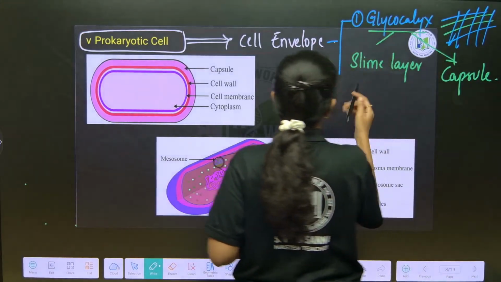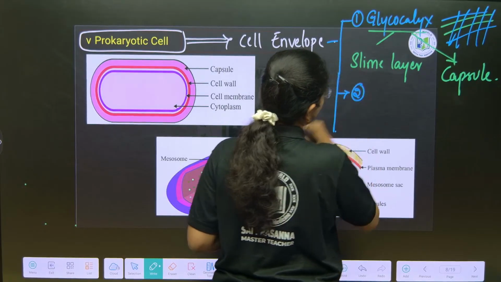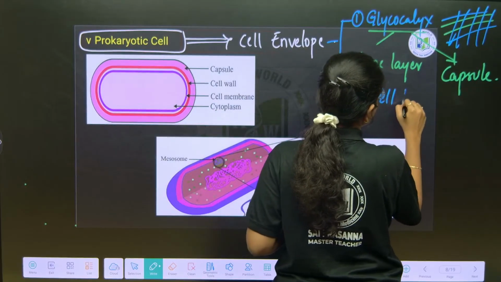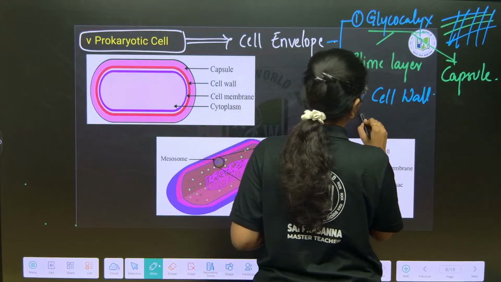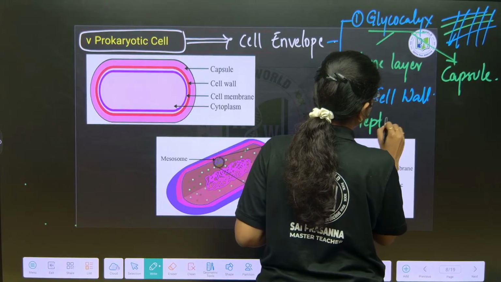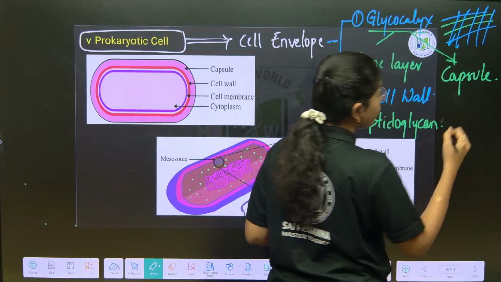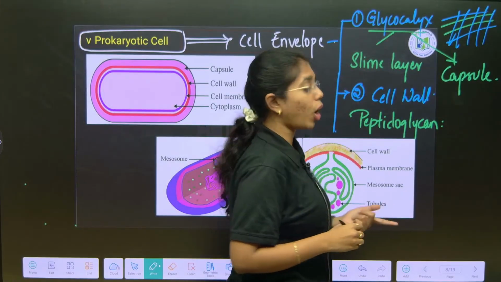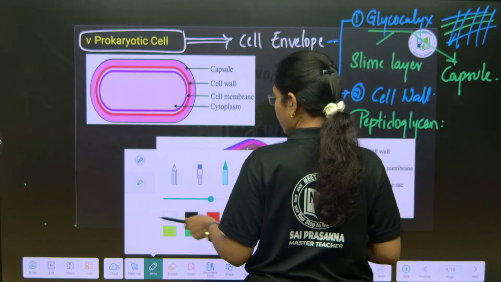Second is the cell wall. The cell wall of a prokaryotic cell or bacteria is made up of peptidoglycan, which consists of amino acids and polysaccharides.